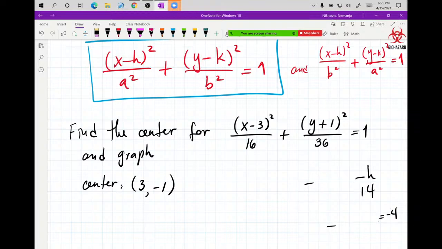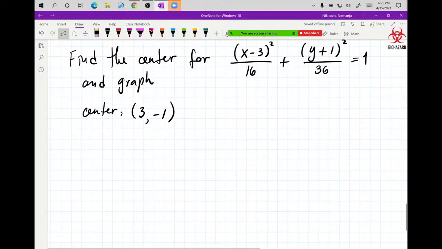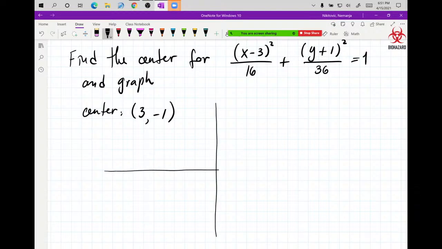All right. So now I have my center, which is at 3, negative 1. And I'm going to draw that. So here's my y-axis. And I need my x-axis. There we go.